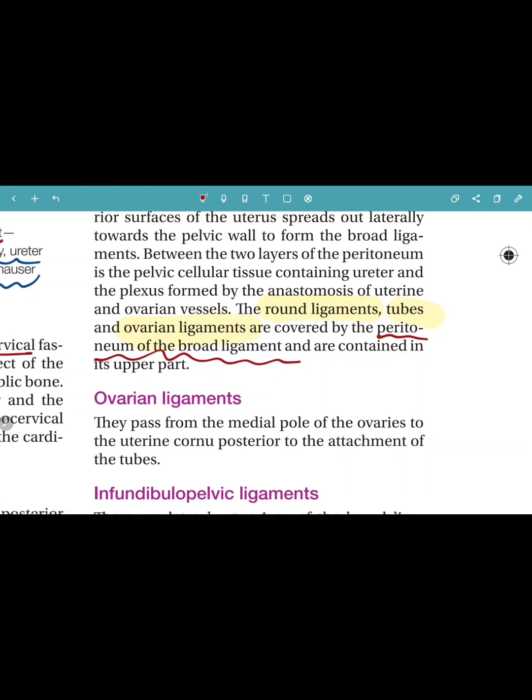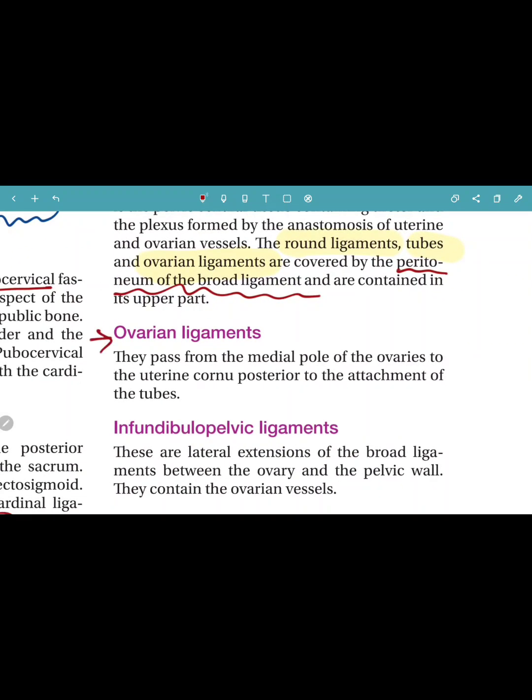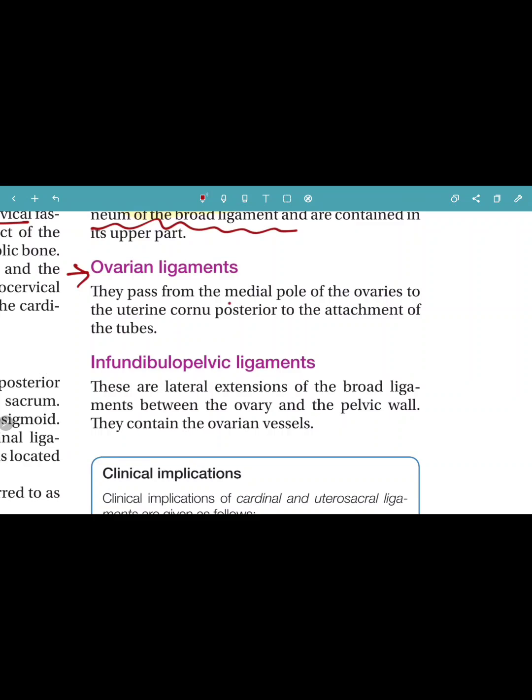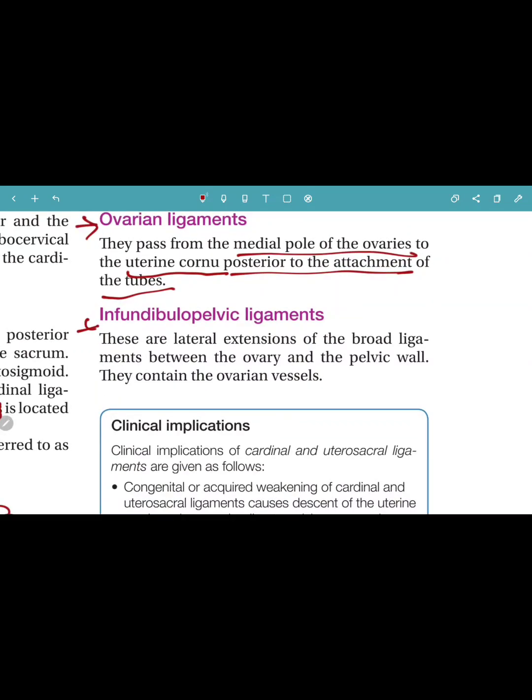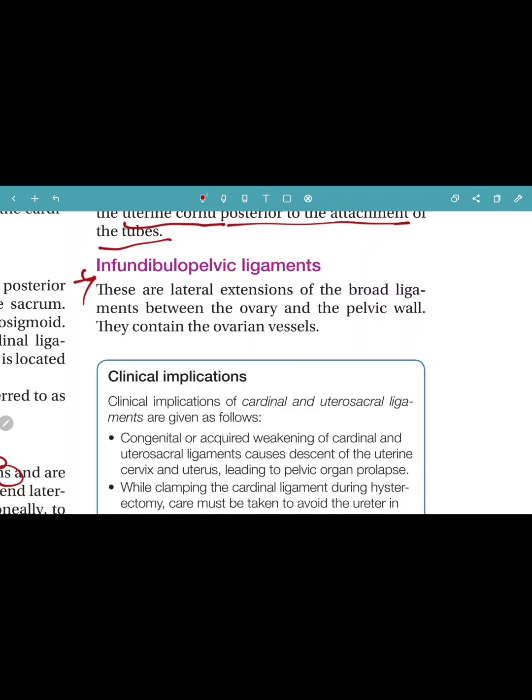Next, moving on to the ovarian ligaments. They pass from the medial pole of the ovaries to the uterine cornua, posterior to the attachment of the tubes. And then you have your infundibulopelvic ligaments. Infundibulopelvic ligaments are lateral extensions of the broad ligaments between the ovary and the pelvic wall.